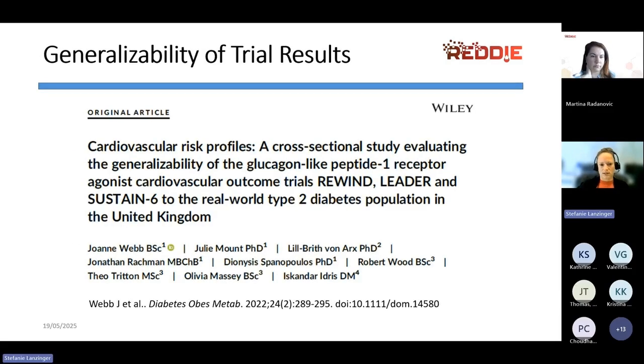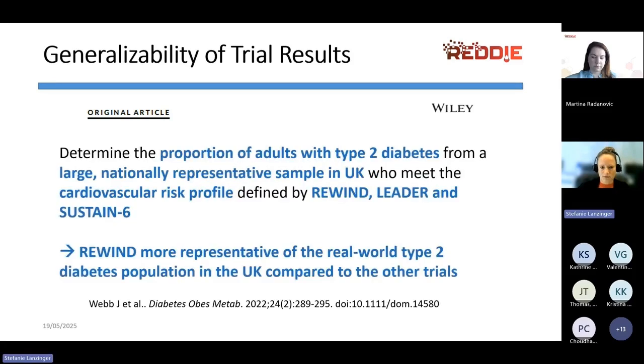So here we can see a very nice manuscript using data from the UK. The aim of this manuscript was to study the generalizability of the clinical trials REWIND, LEADER and SUSTAIN 6 to the real-world type 2 diabetes population in the United Kingdom. So the main focus was to determine the proportion of adults with type 2 diabetes from a large national representative sample in the UK who meet the cardiovascular risk profile defined by REWIND, LEADER and SUSTAIN 6.